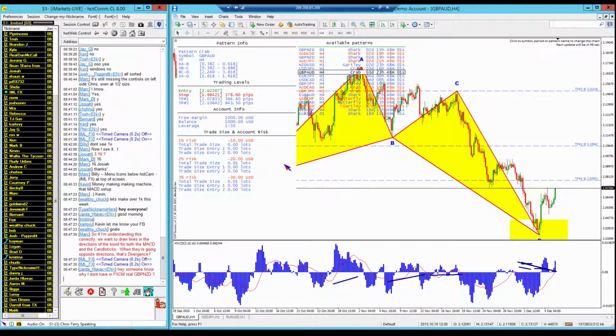Jordan's asking, how come you don't have FXCM in real on GBPNZD? You know what, Jordan, you're out in the Czech Republic, yes?